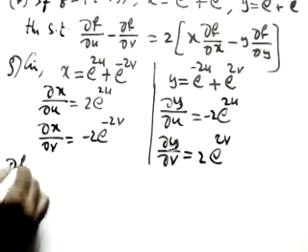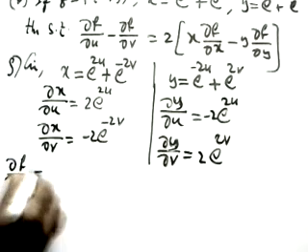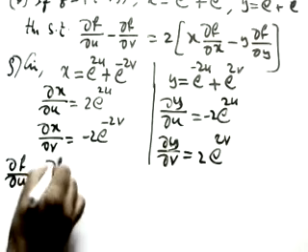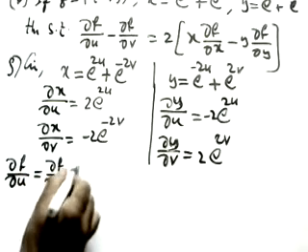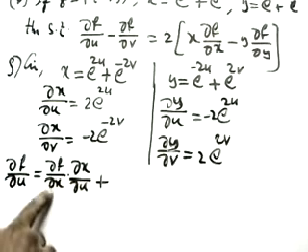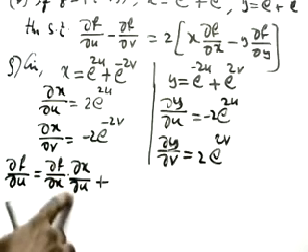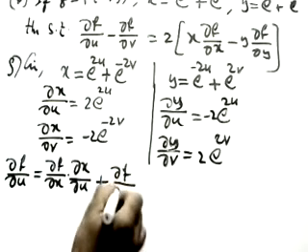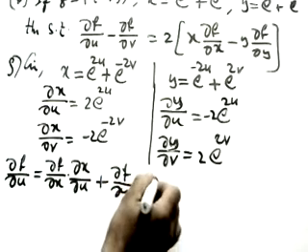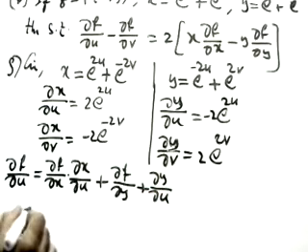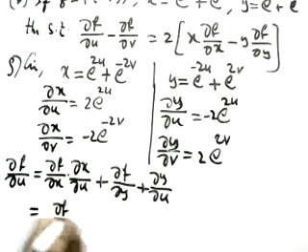Okay, now first let me find ∂f/∂u. See here how to change. We have to change in x and then y like this. ∂f/∂u equals ∂f/∂x into ∂x/∂u, and the same you write in terms of y, plus ∂f/∂y into ∂y/∂u. Now what is this value?